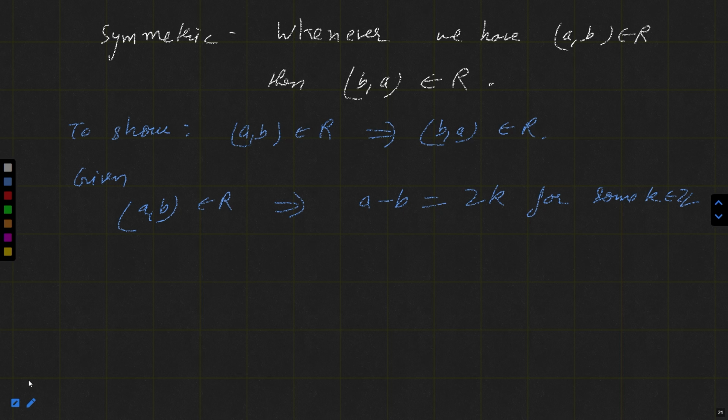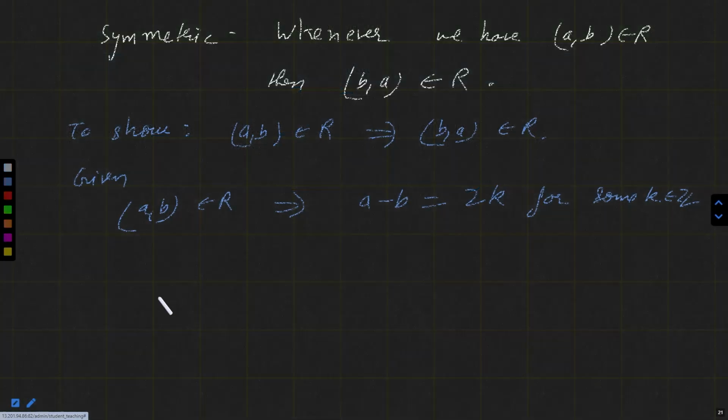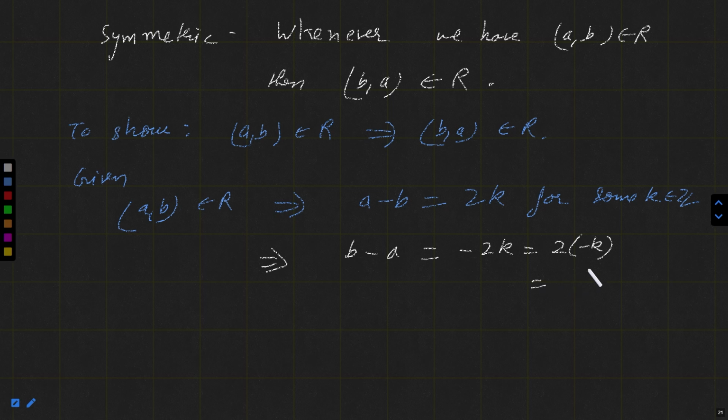As you can see over here, a minus b equals 2k. From this, if you multiply both sides by minus 1, what you will get is b minus a equals minus 2k, which is nothing but 2 times minus k, and minus k is some integer.